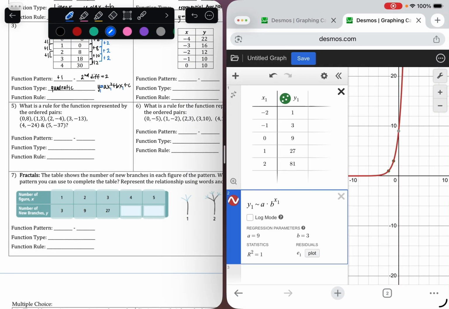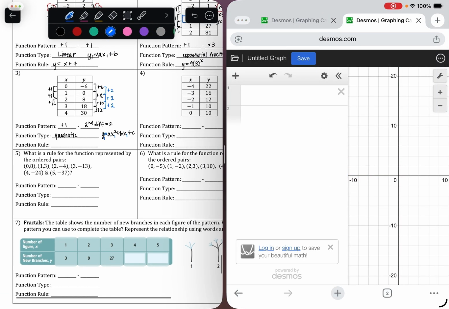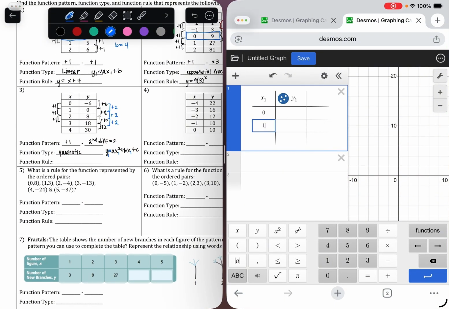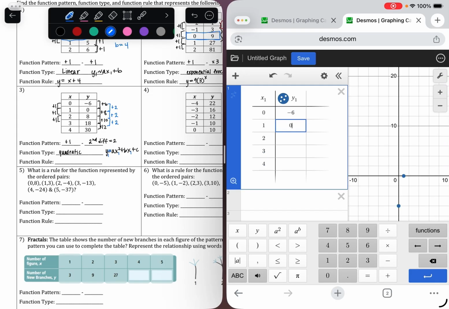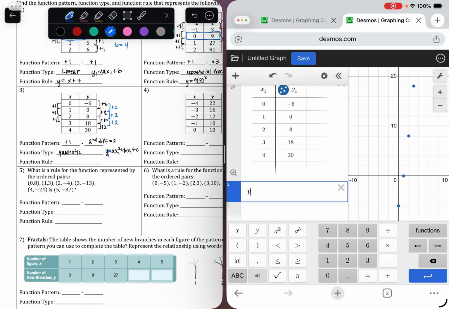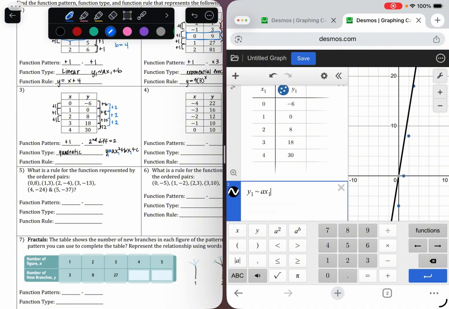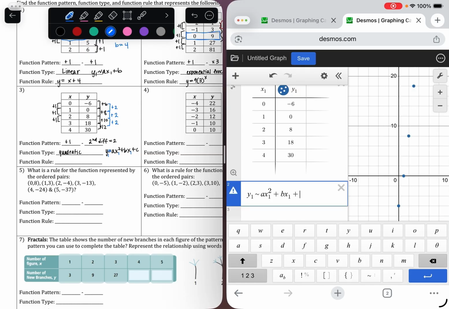Okay, and so clear your table, get a fresh start, plus sign, table, type your x's, type your y's, and then y1 tilde a x1 squared plus b x1 plus c.